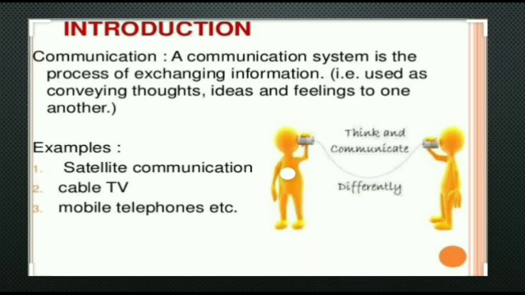A communication system is the process of exchanging information, for example conveying thoughts, ideas, feelings from one person to another. Three examples are satellite communication, cable TV and mobile telephones.